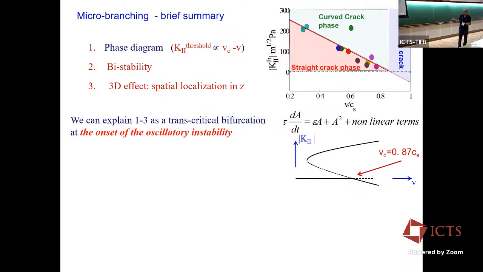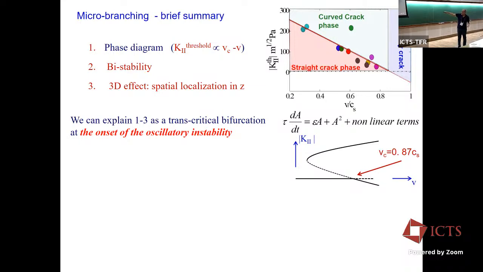So we have two branches. We have a straight branch, which can persist if not perturbed up till this point here, point 0.9 of the shear wave speed. And we have a curved branch, this is the hysteresis that we saw here. So we need a finite perturbation from here down to here in order to create this second branch.